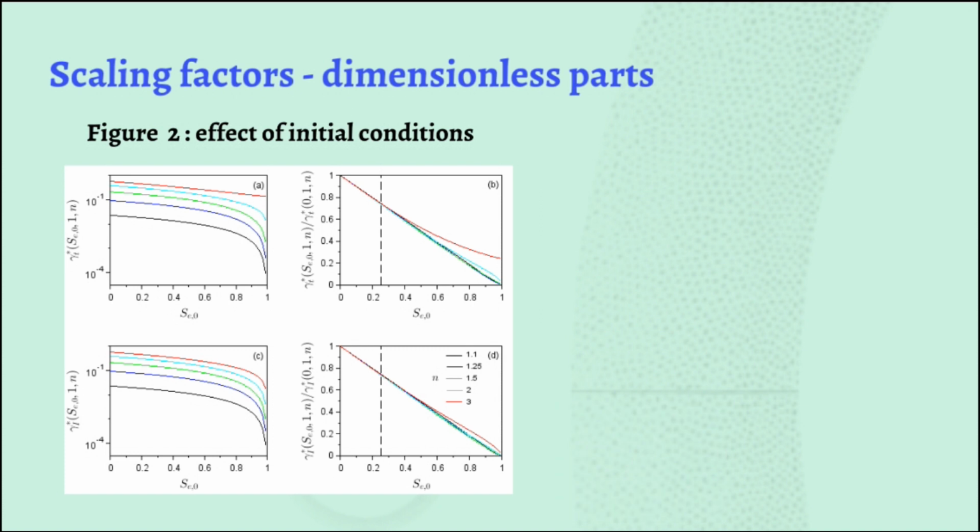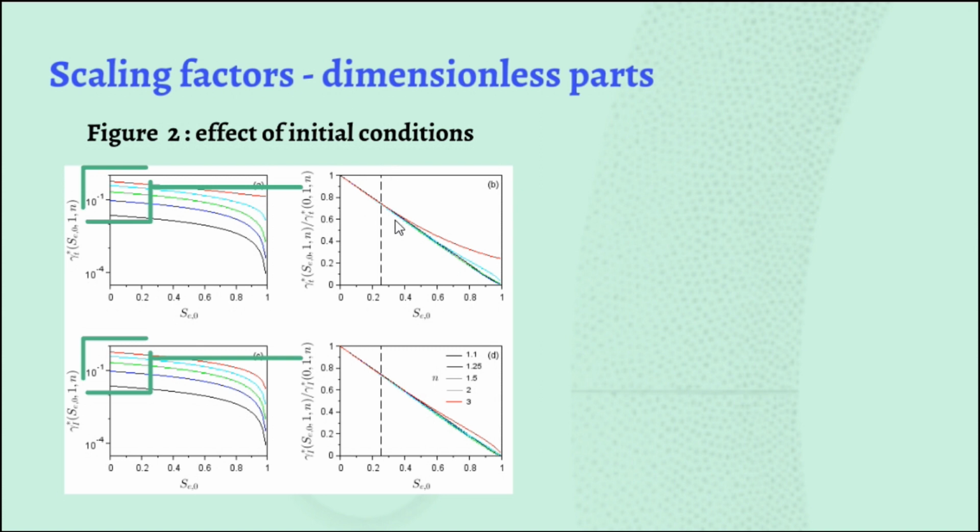I mean, if you consider these quantities for each curve and you divide by the maximum that corresponds to 0 initial saturation degree, then you will get this simplification where all the curves align on a straight line that corresponds to y equal 1 minus x.